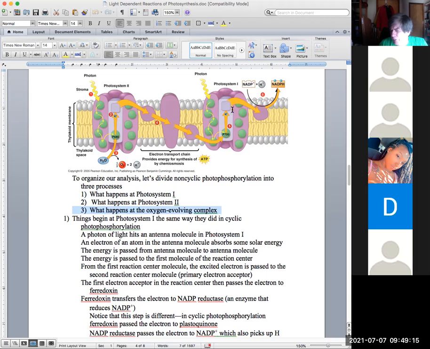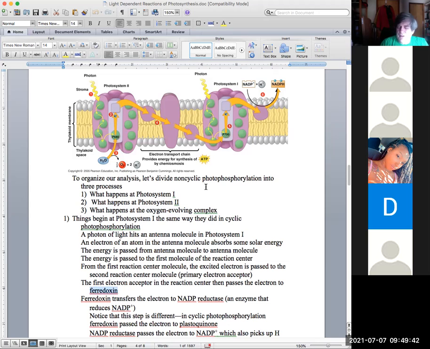That gives it to the primary electron acceptor. And then the electron jumps completely out of that molecule. So that's that yellow line going over here to the right. Now, when it jumps out of the molecule, again, it jumps into that first electron transfer protein called ferredoxin.